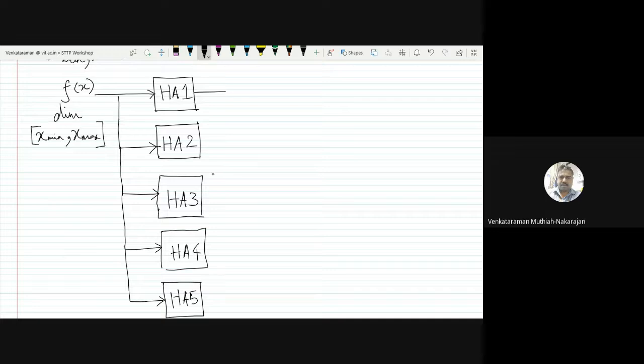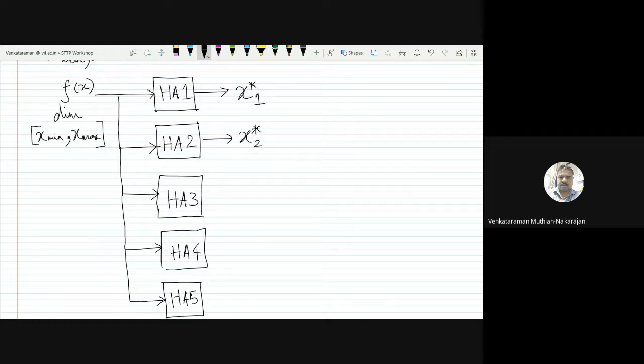Each will give its own output. The first algorithm will give h1 star, the second one will give h2 star, and so on.